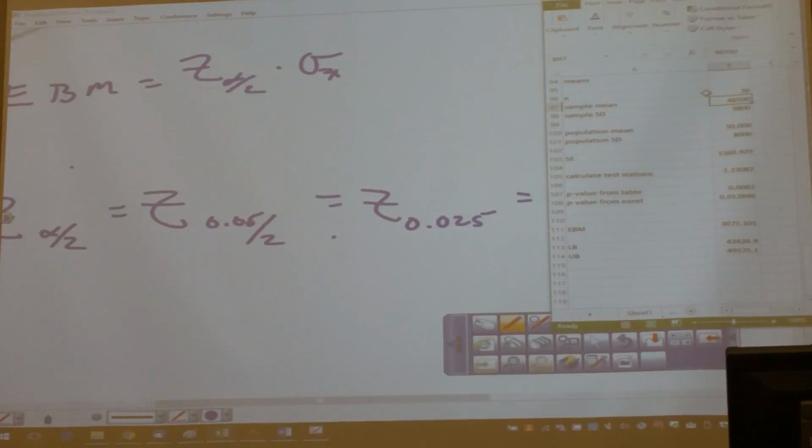So the sample starting mean was 18.2, and the sample standard deviation was 1.3. Okay, so what was the 19 for? And the n is 35.